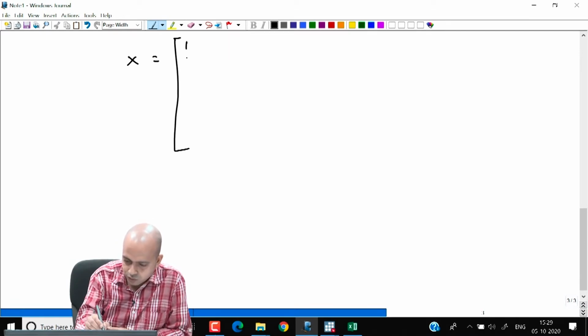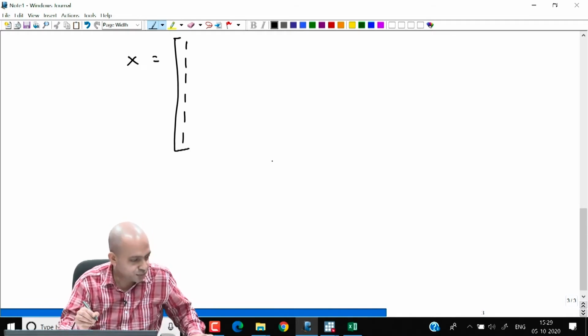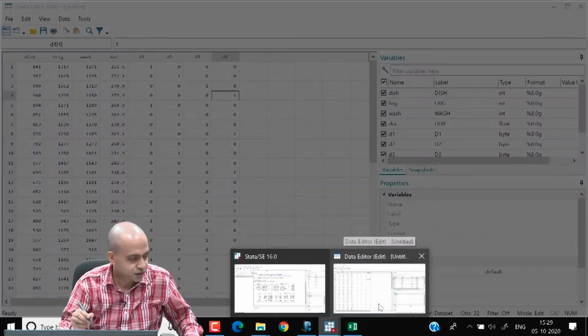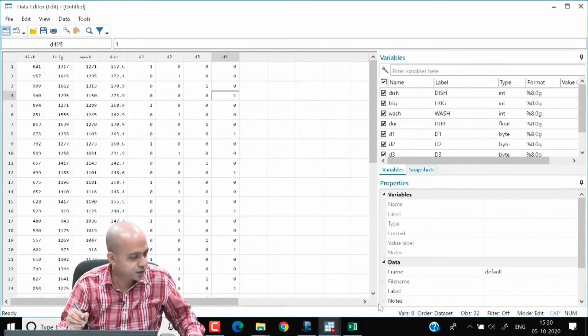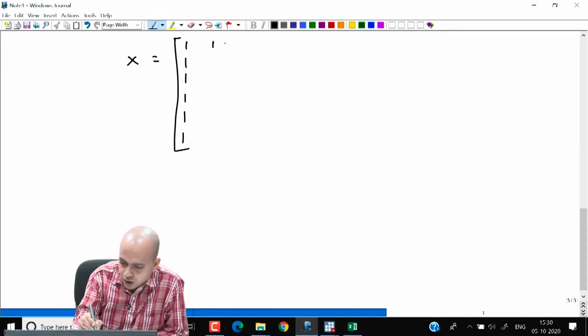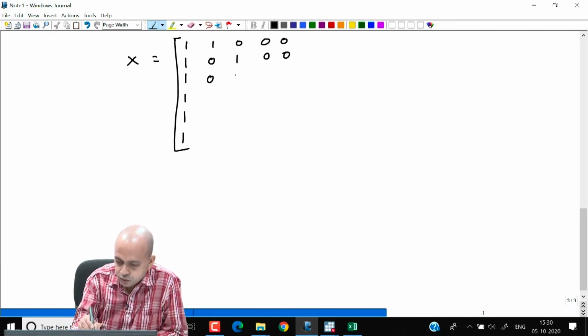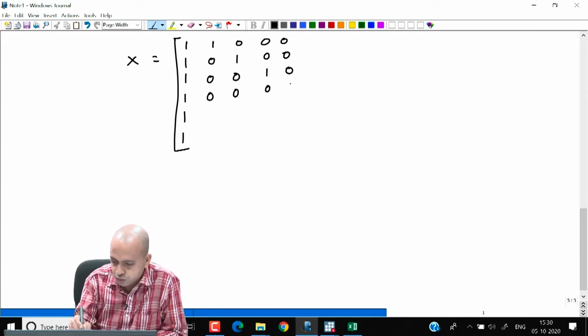So how does your X look? It is 1, 1, 1, 1, 1, 1, as many ones as there are observations. And then you have this matrix of dummy variable coefficients. Look at this: it is 1 0 0 0, then 0 1 0 0, then 0 0 1 0, then 0 0 0 1.